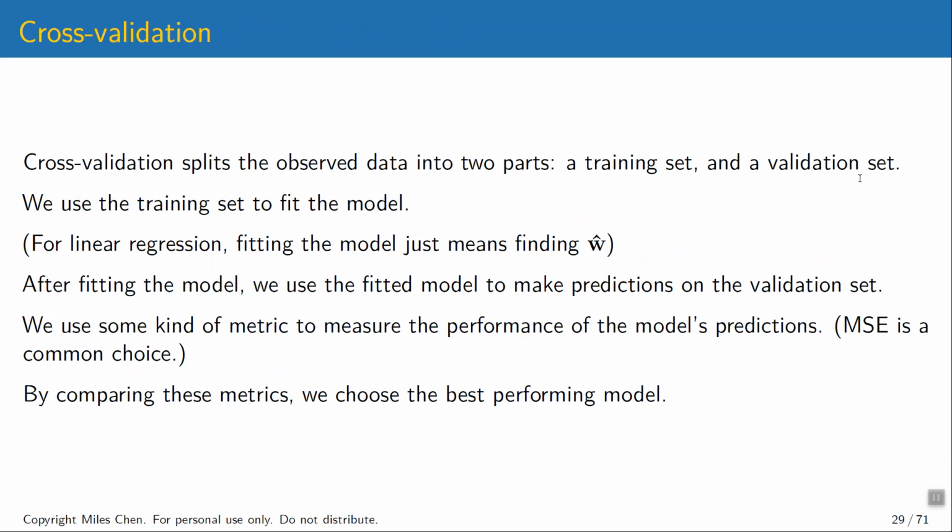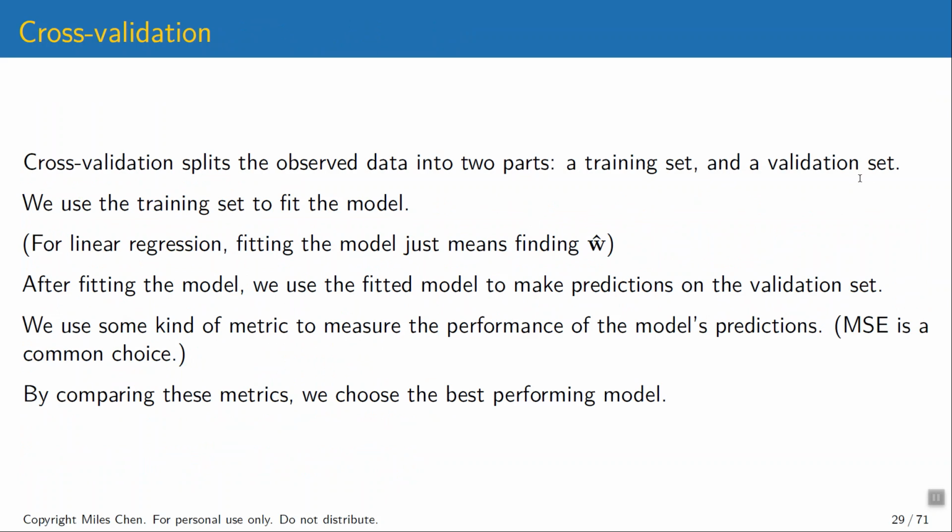And so, for linear regression, it just means finding the estimates W hat for linear models. After we fit that model and have our current W hat, we ask how this model would predict the values in the validation set.